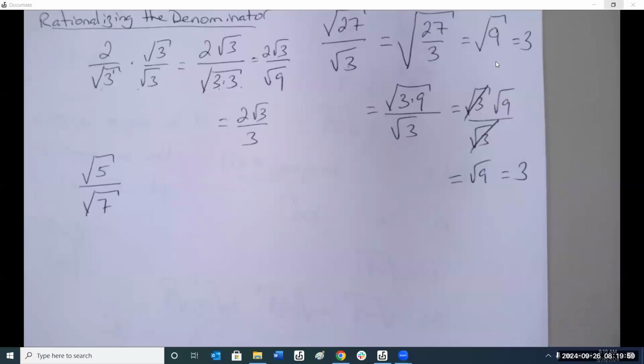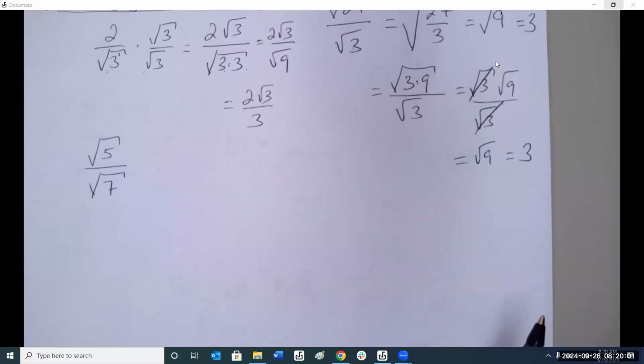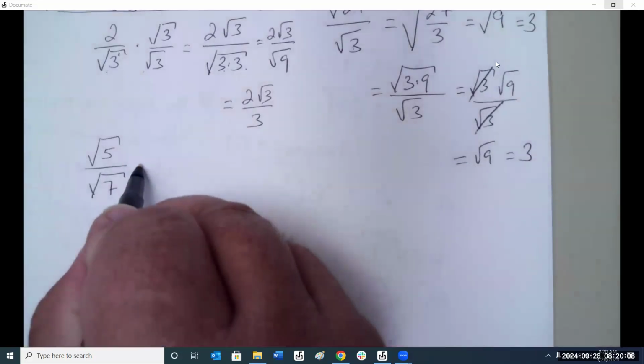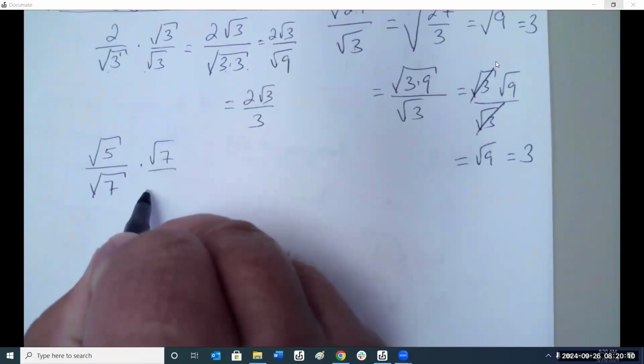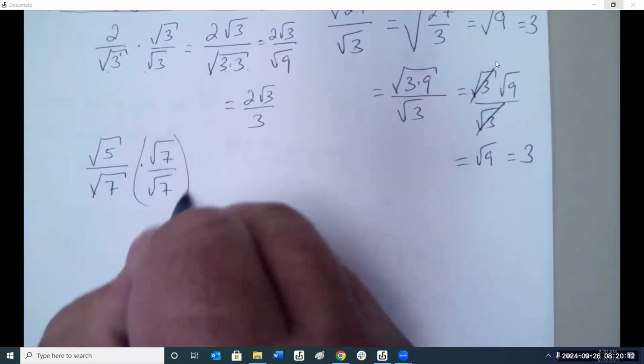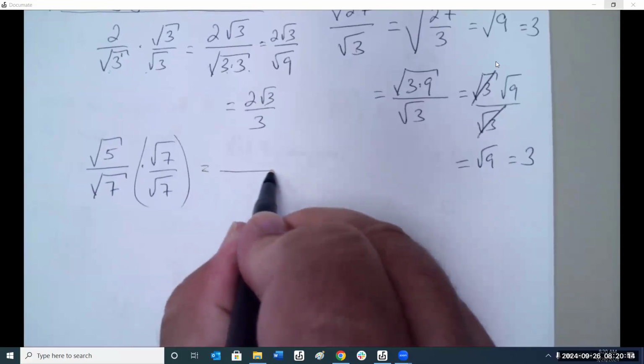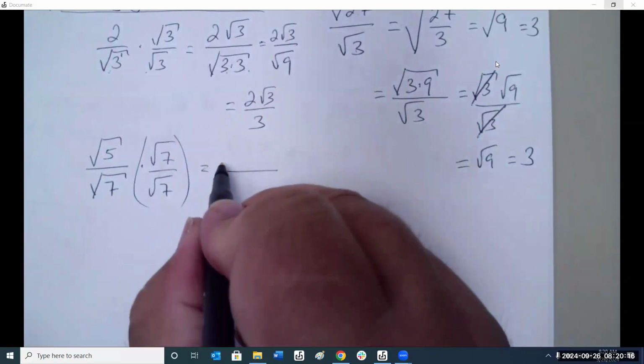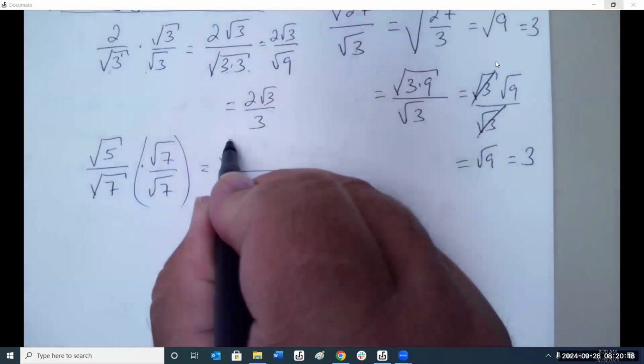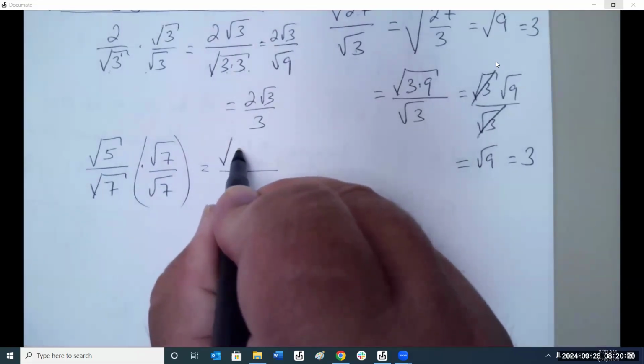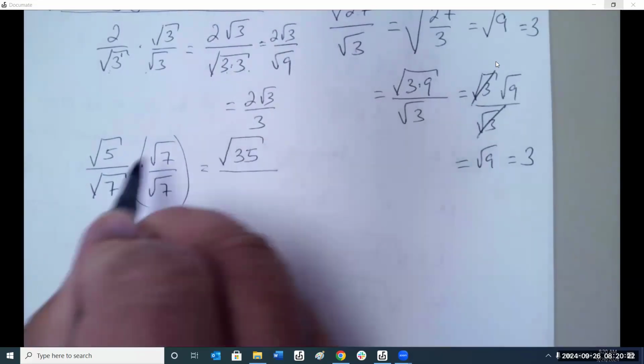So what do we do here? Square root of 5 over square root of 7, which is multiply square root of 7 divided by square root of 7. On top, it gives us the square root of 35, which is 5 times 7.